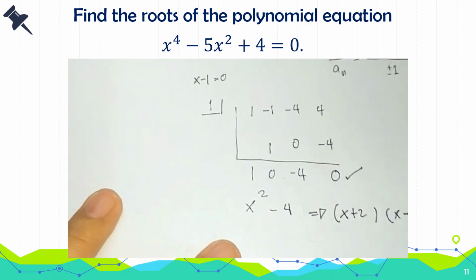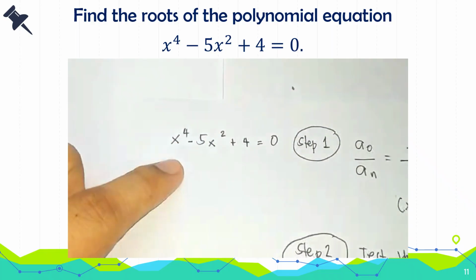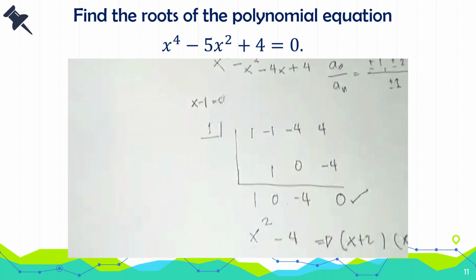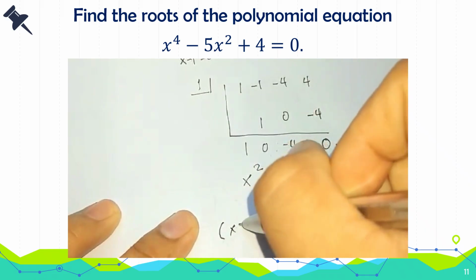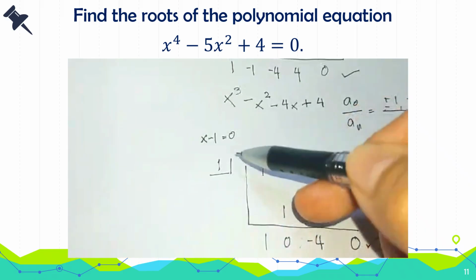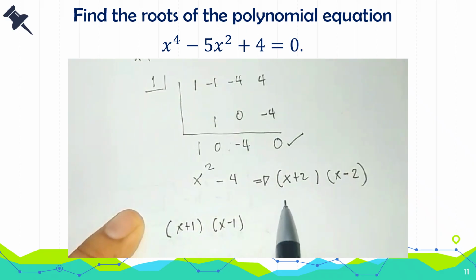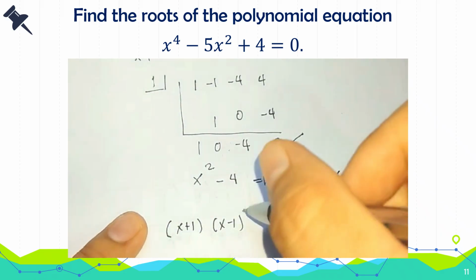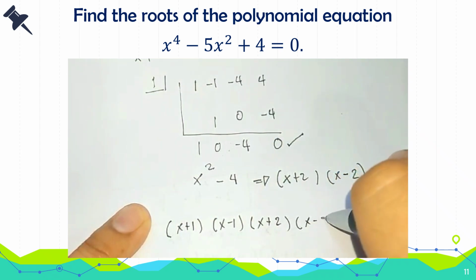Now, let's list all of the factors of our original given polynomial. So, earlier we used x plus 1, then second, x minus 1, then finally, for this expression, we have x plus 2 and x minus 2.